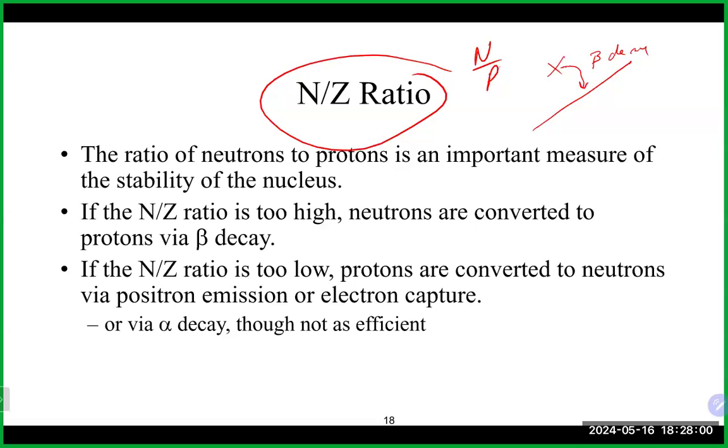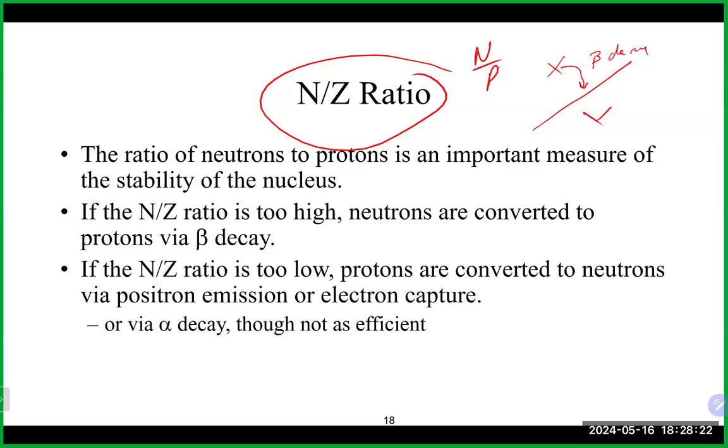Now, the opposite is true. You could have a ratio that's frankly too low. In that case, we're going to do the opposite. We're going to convert our protons to neutrons, and you have basically 2 options to do this. It could either be a positron emission or an electron capture.